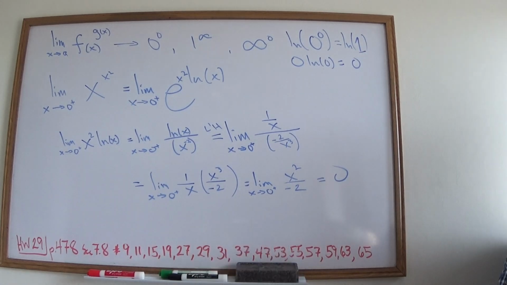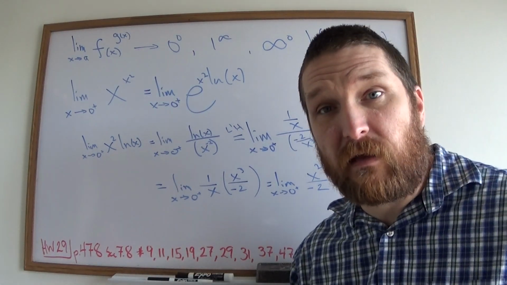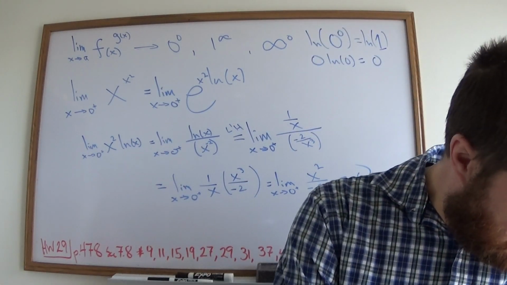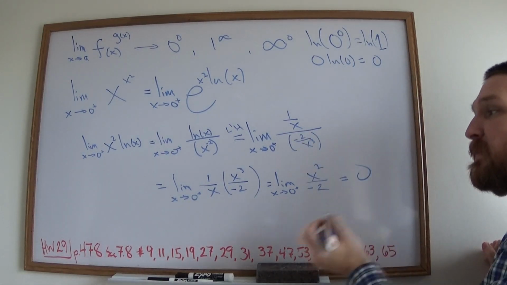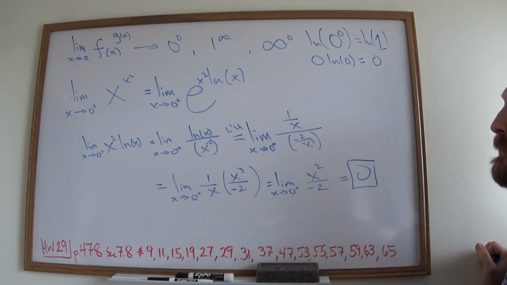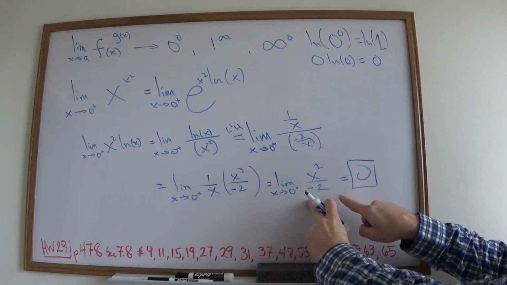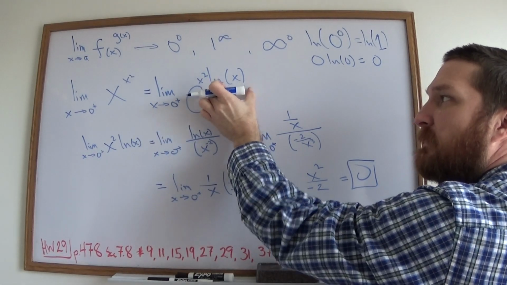Okay, so it did go to 0. Huh, interesting. I just realized I did the thing I told you not to do. I said, oh, so the limit is 0. I did the very thing I said, make sure you don't do. I said, therefore it goes to 0. Is that true? No. We were evaluating this part of this.